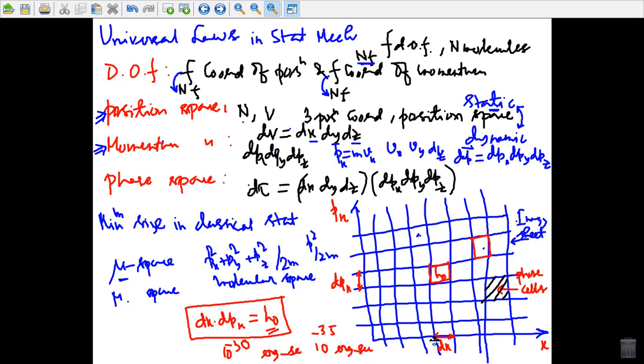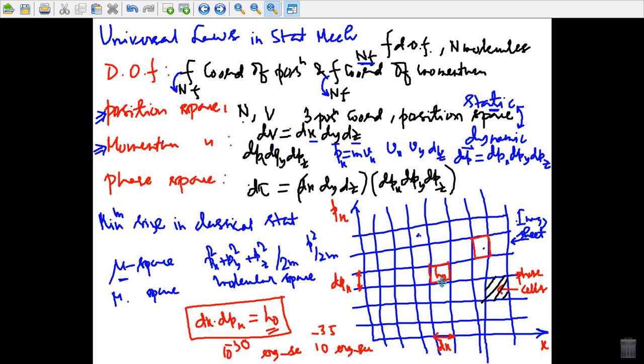If dx, or delta x, be the size of the interval of the x-axis and dpx the corresponding length in the px axis, the phase space is divided into energy sheets of smaller and smaller energy ranges. The energy sheet thus consists of small cells of equal area, that is dx times dpx, which is nothing but h0.